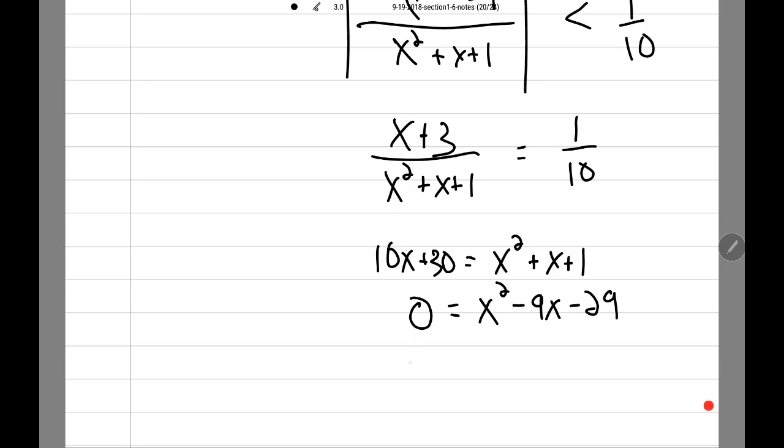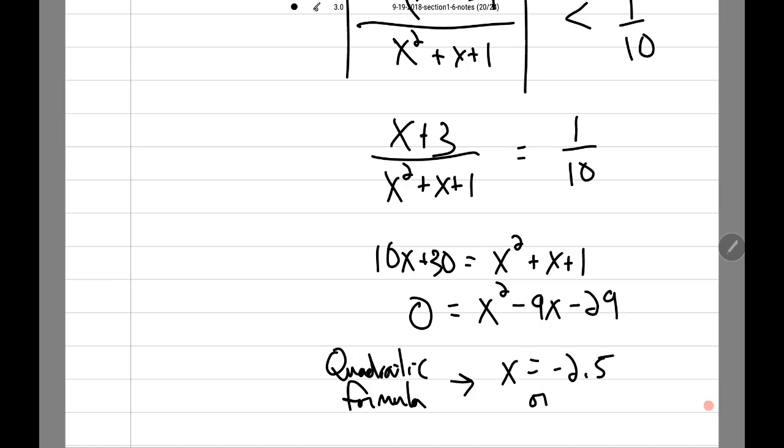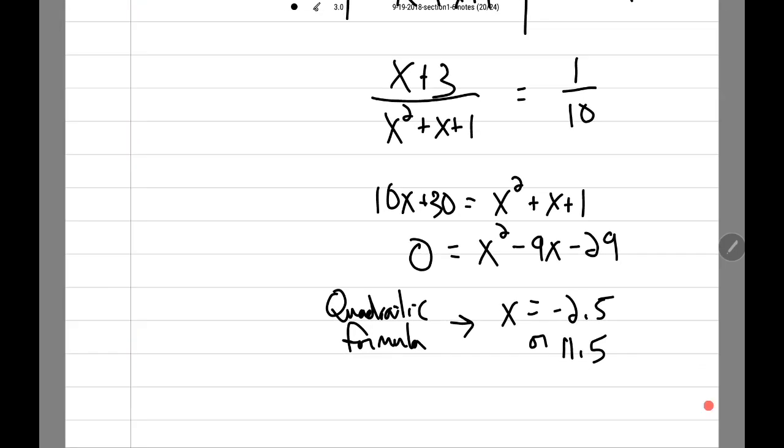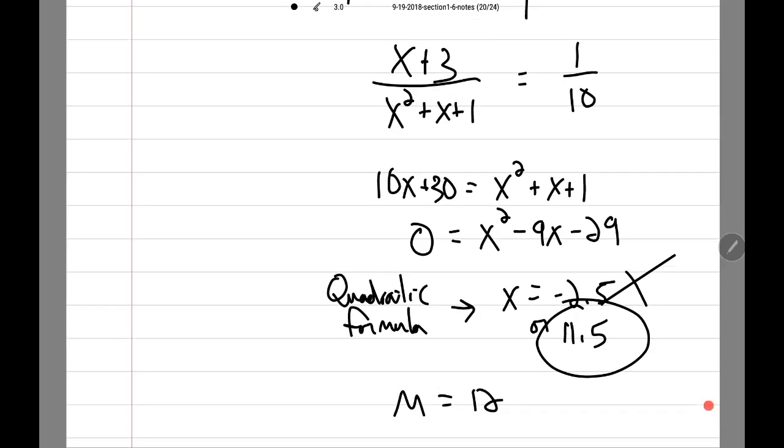Alright, I'm not going to show all the work to find the zeros here, but if you punch these into the quadratic formula, you will see that you get x equals negative 2.5, or you'd get 11.5. And if you notice, we're going towards positive infinity, so I need a number m.